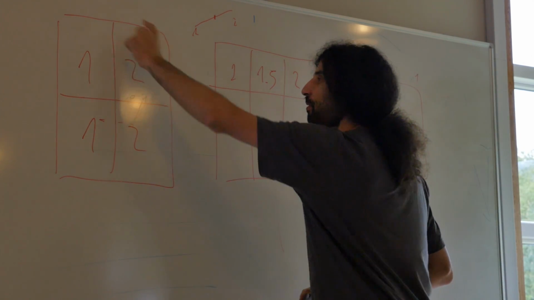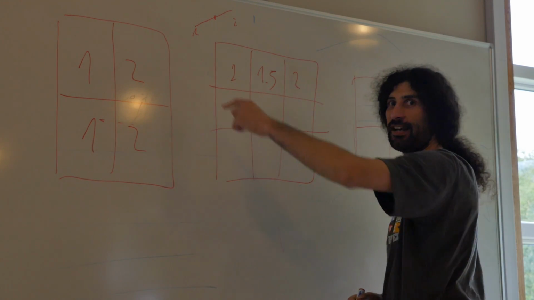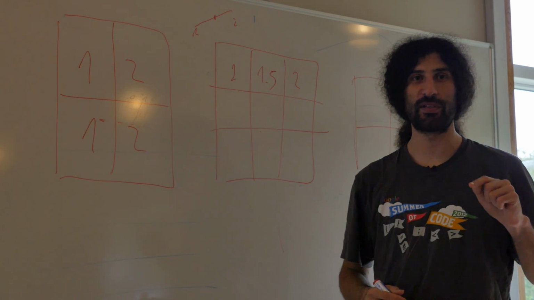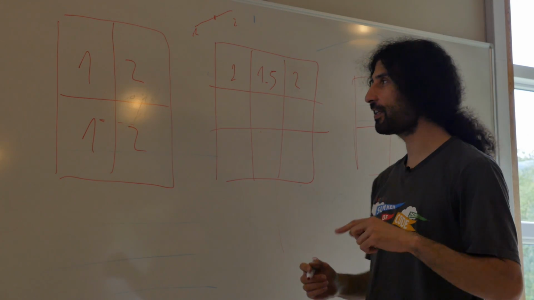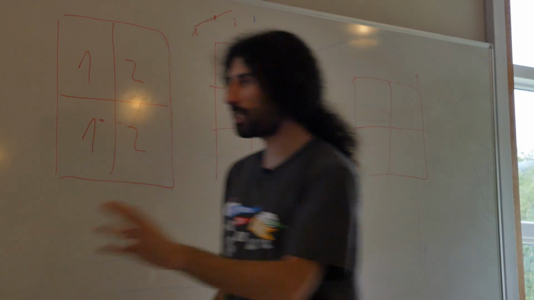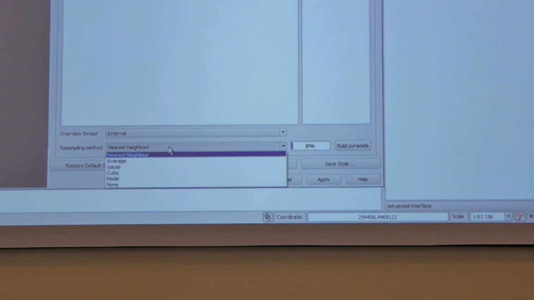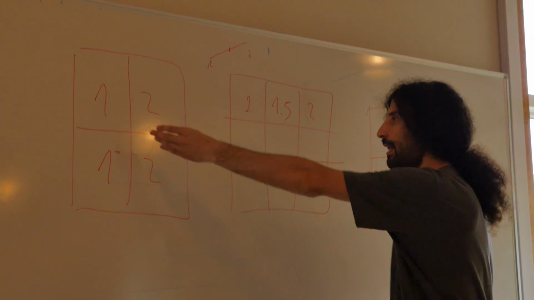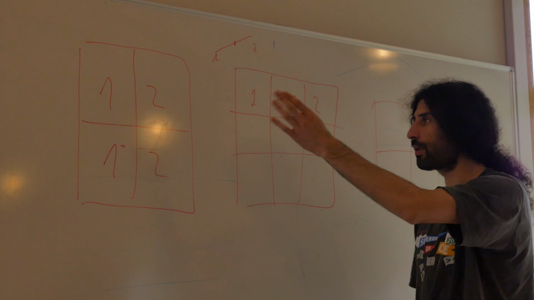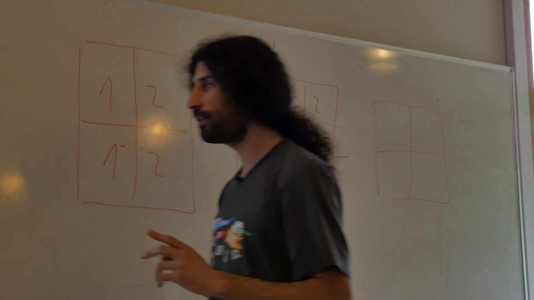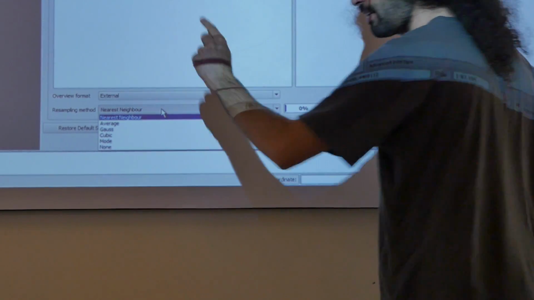I have 3 people in this, and now I have 4.5 people in this. Doesn't make sense. So you have to take care of knowing the variable that you're using, right? If it's a continuous variable, use any of the other ones. Average, cubic, there are differences, but it's fine, whatever you use. But if your layer has something like counts of numbers, or categories, then the only one that you can use is nearest neighbor, right?